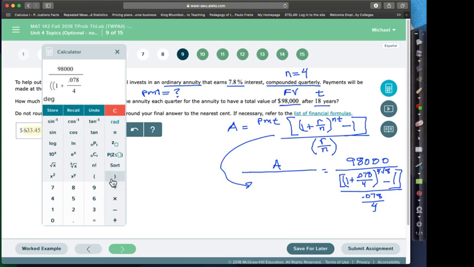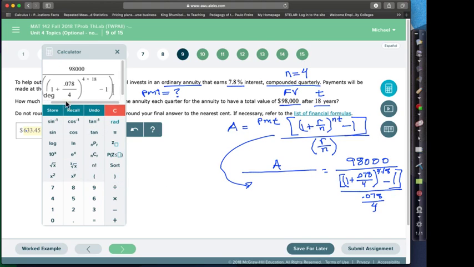Click over there, put the other parentheses, that's looking good. Get me an exponent, 4 times 18, and see this one handles it, just put it up there. And then I gotta jump down here, get out of the exponent, subtract 1, and then put my other bracket, so that's that.